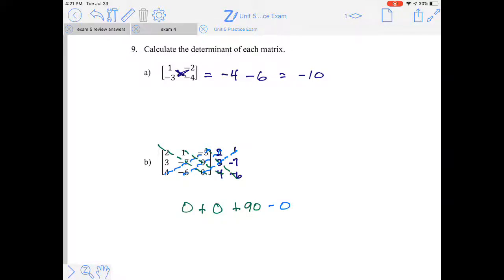So 1 times 3 times 0 is 0, and then 2 times 0 times -6 is 0. And -5 times -7 is 35, times 4, that's 140. So then you combine all of that. So 90 minus 140.